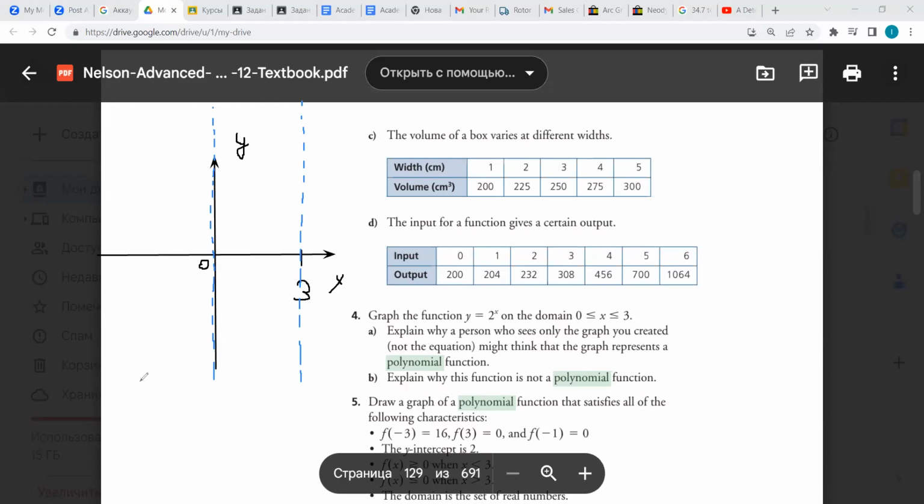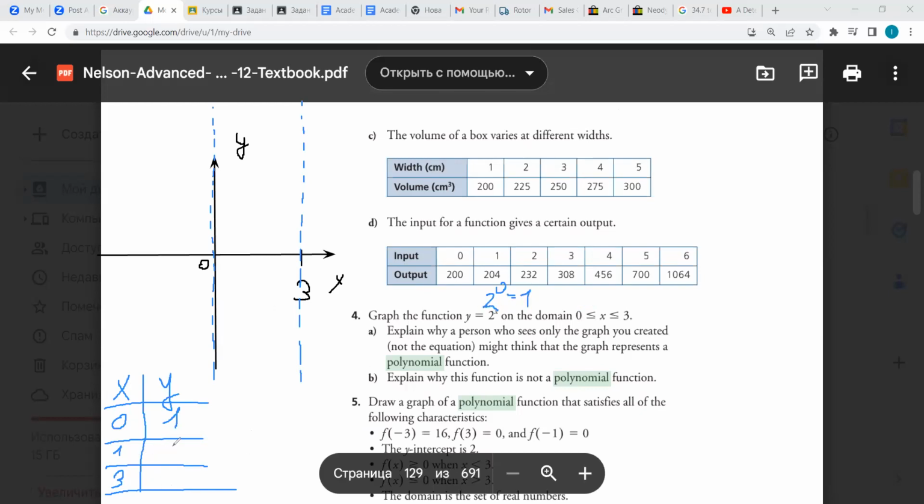Let's make a table of values. So x and y values. Let's take at least 3. Let's take in the range from 0 to 3. So I would take 0, 1, and 3. Take notice that 0 and 3 are included in our domain. So when x equals 0, the function y equals 2 to the power x would take the value of 1, because 2 to the power 0 equals 1.